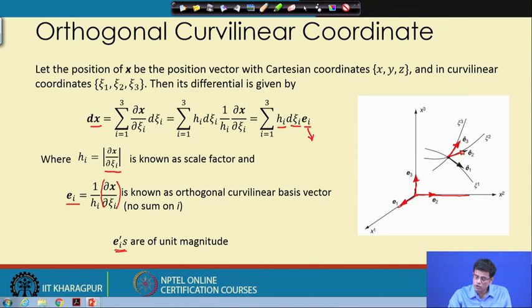This is one of the important distinctions between the Cartesian and the curvilinear coordinate system. This is the general formula which we can derive for any coordinate system, whether Cartesian, cylindrical or spherical.